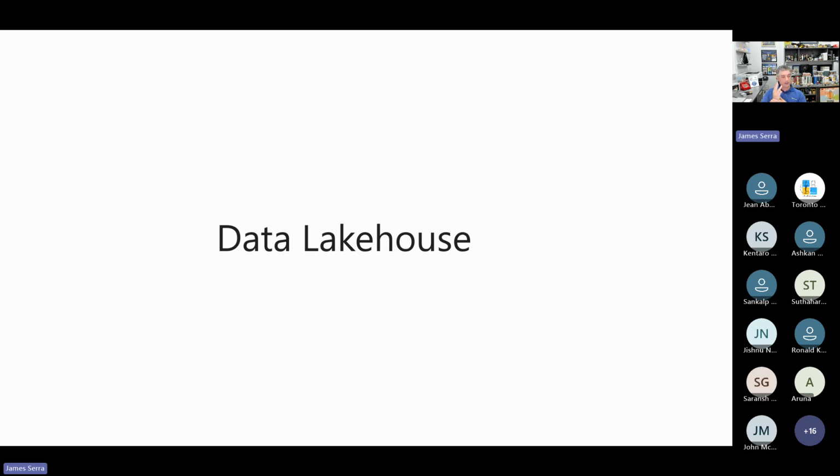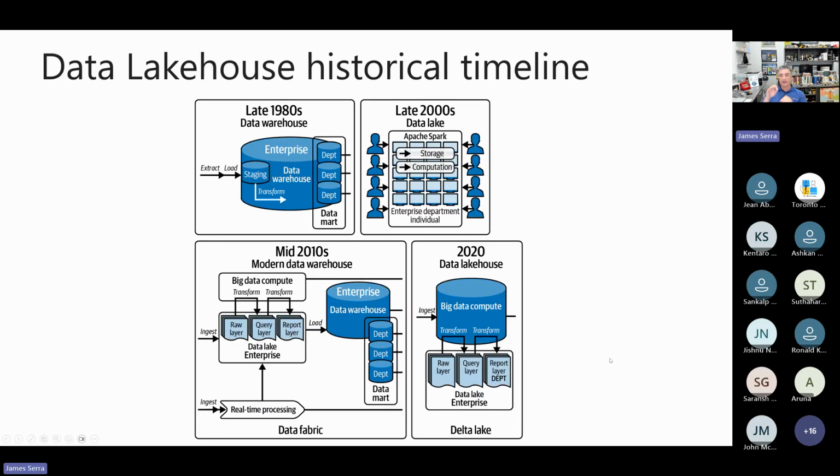So the third is a data lakehouse, and let's go through a little bit of history of how we got here, so it'll help you understand what a data lakehouse is. Back in the day, in the 80s, when I was coding in COBOL, we had the data warehouse.